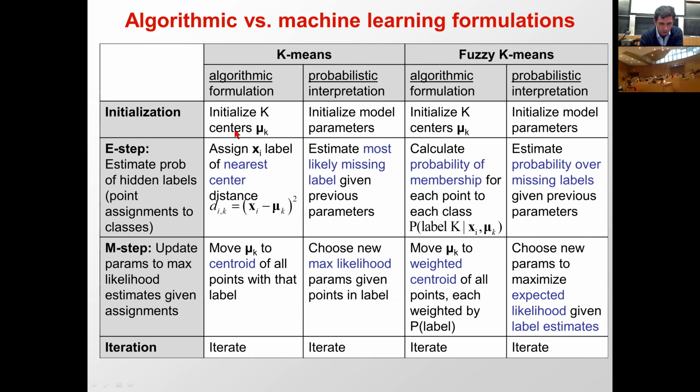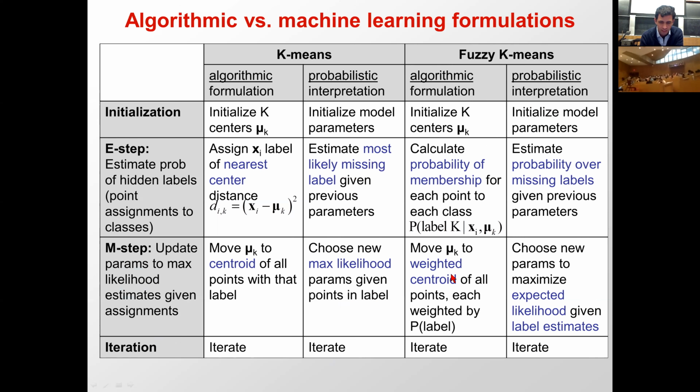The algorithmic formulation was to first initialize the set of clusters K and the centers, assign every point to the nearest center, move the means to the center of these points, and then iterate. The probabilistic interpretation was to initialize the model parameters, estimate the most likely missing label from the previous assignments, and then choose the new maximum likelihood parameters given the points in the label. And here, we're choosing exactly one label.